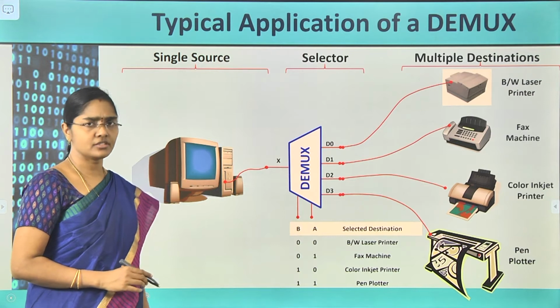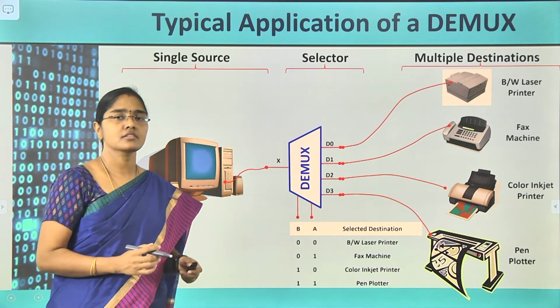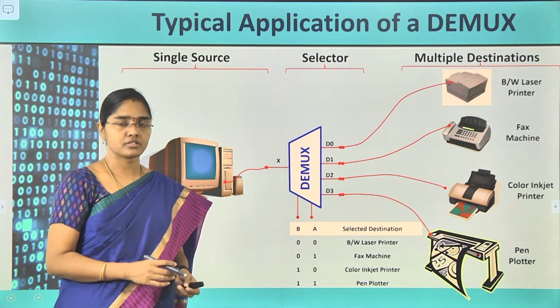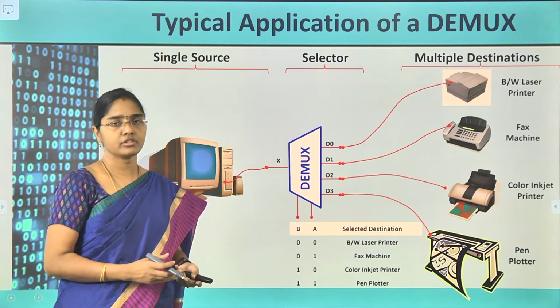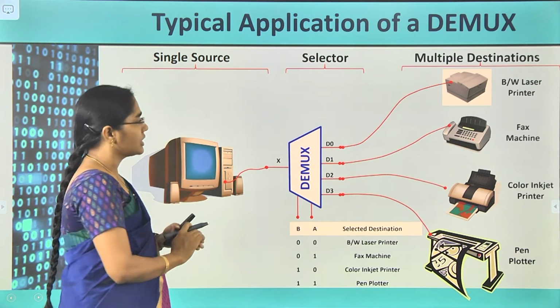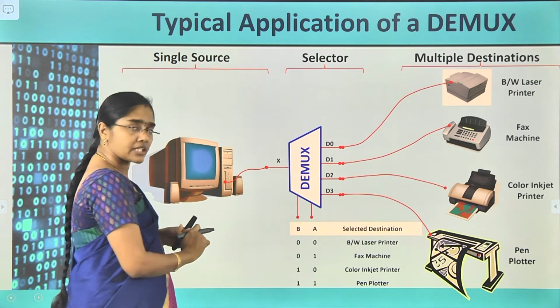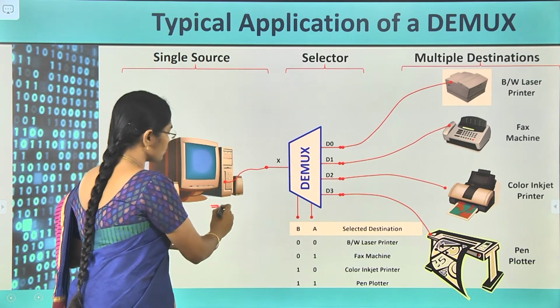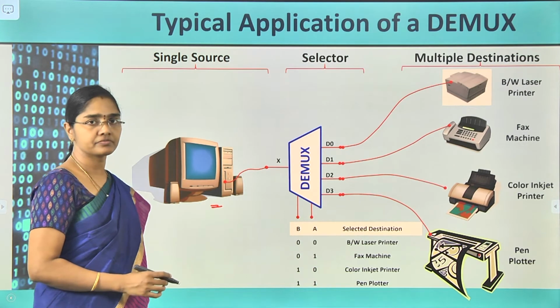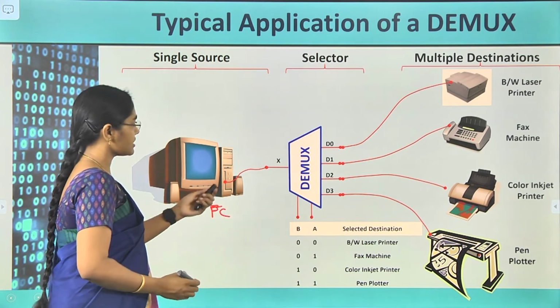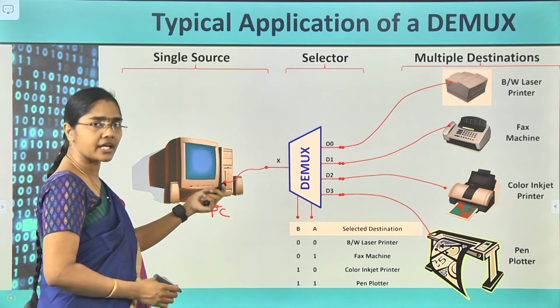See the application where we are applying this demultiplexer, taking one input and connecting it to many outputs. In our day-to-day life, we will see one typical example, that is selecting the I/O signal, that means selecting the output signal connection from a PC to output devices. Okay. Here we have a PC, and from this PC we can have output.